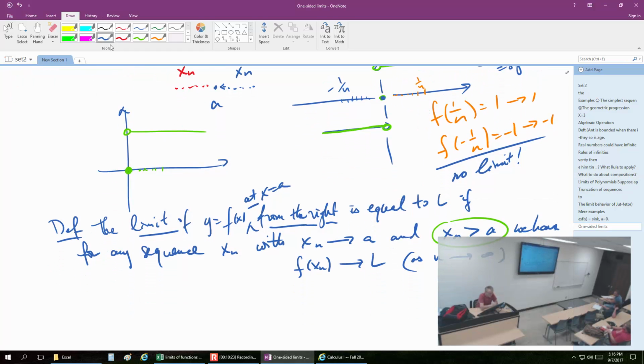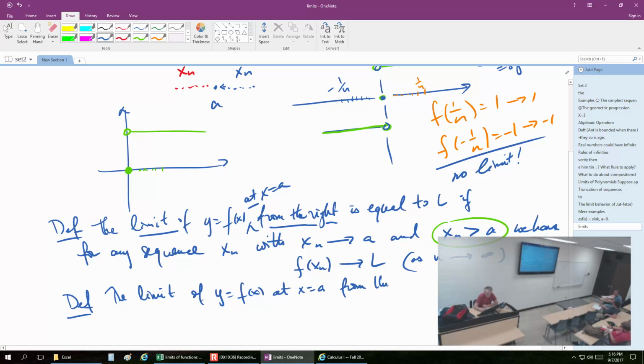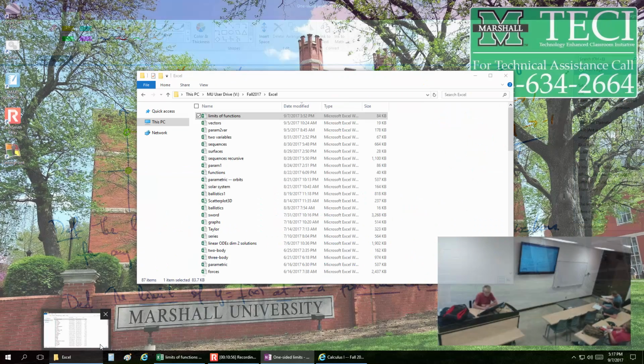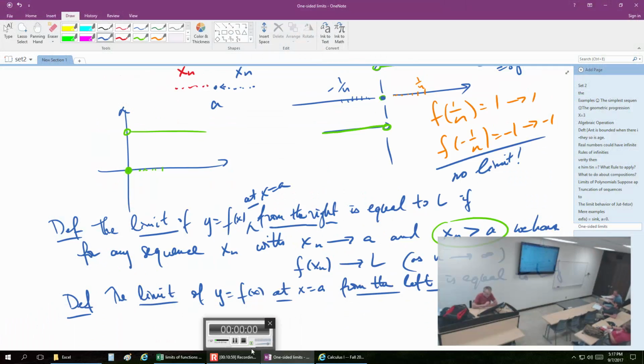So similarly, the limit of y equals f of x at x equal a from the left is equal to L. It's the same story. We certainly don't expect this to look very different. We only look at sequences from the left. The sequence xn converges to a from the left, meaning that all of these numbers are smaller.